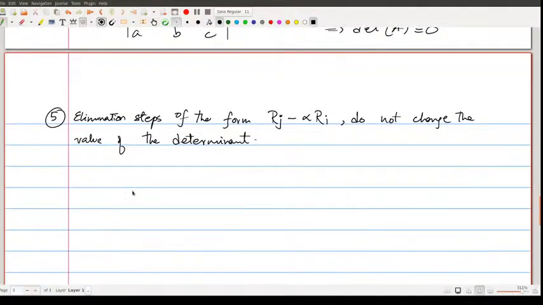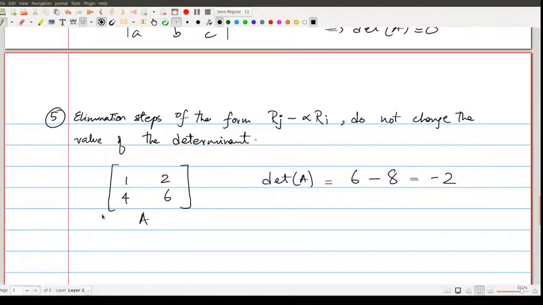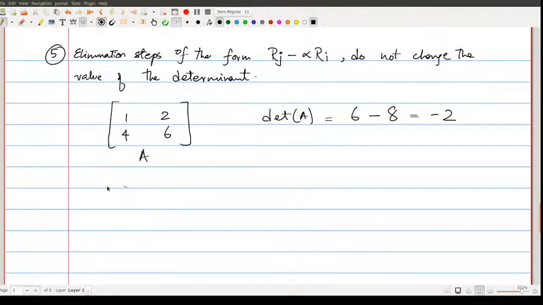Let's see how this shows up in a 2 by 2 case. We have 1, 2, and perhaps 4, 6. It should be a non-singular matrix. Let's first find the determinant of A: 1 times 6, so that's 6, minus 2 times 4, which is 8. So the determinant is minus 2. Now let's do an elimination step.